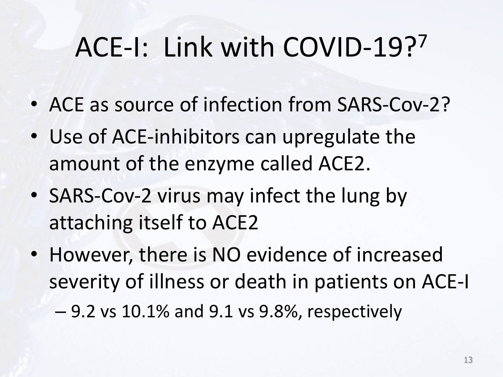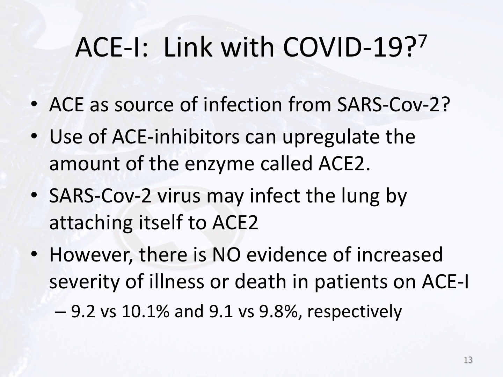Is there a link with COVID-19 and the use of ACE inhibitors? Some early investigators hypothesized that the SARS-CoV-2 virus infects cells by attaching itself to the enzyme called ACE2. Since ACE inhibitors and angiotensin receptor blockers may raise the levels of ACE2 enzymes in the lungs, they provide a larger target for infection.